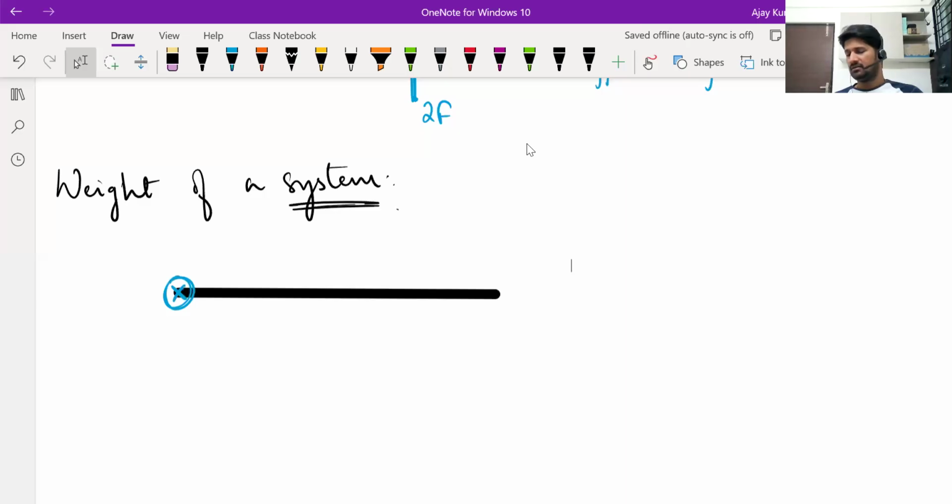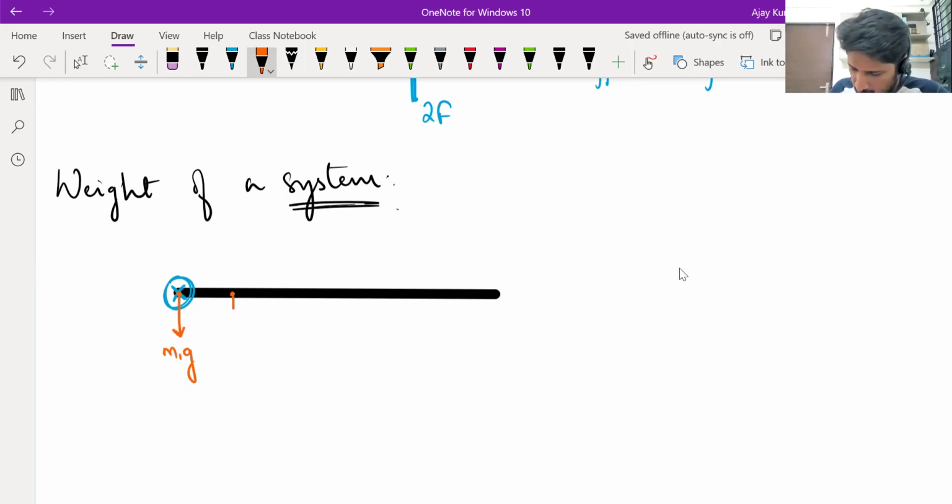One of you tell me, does every particle of the rod experience weight or not? Yes, sir. Of course, every particle has mass, every particle experiences weight. So let's say the first particle is here, m1, then it will experience a weight m1g.